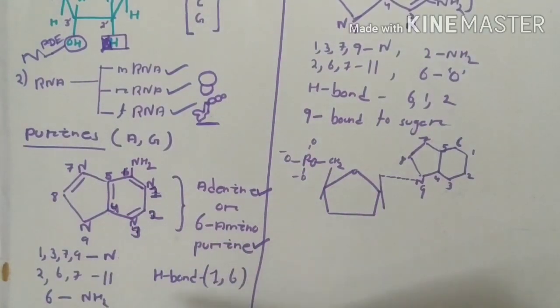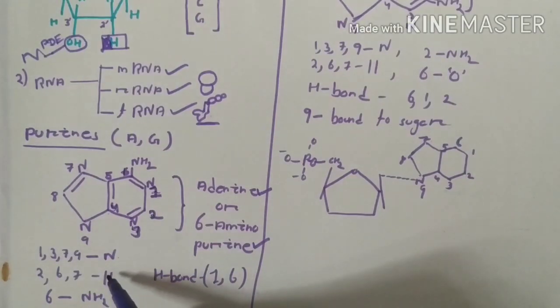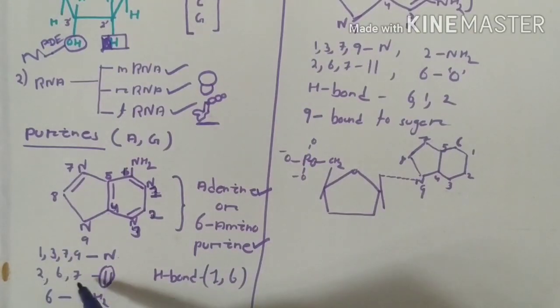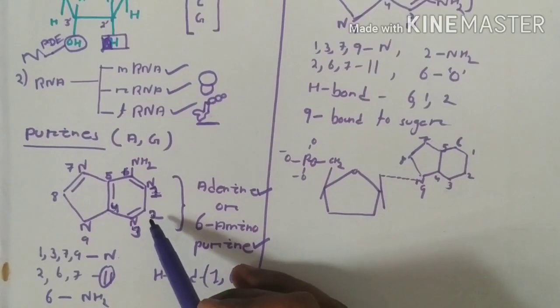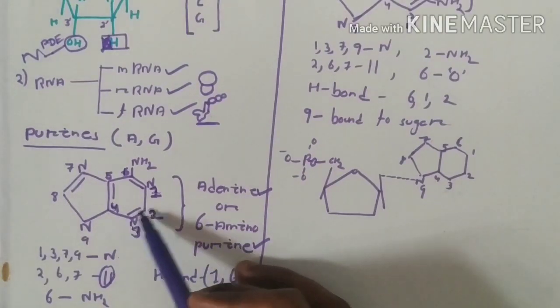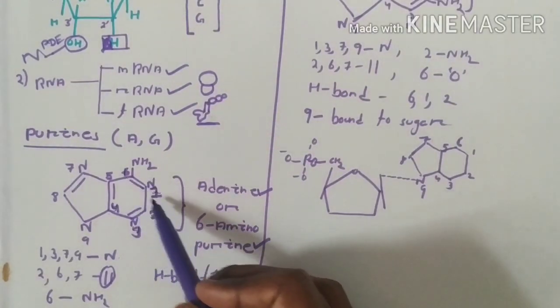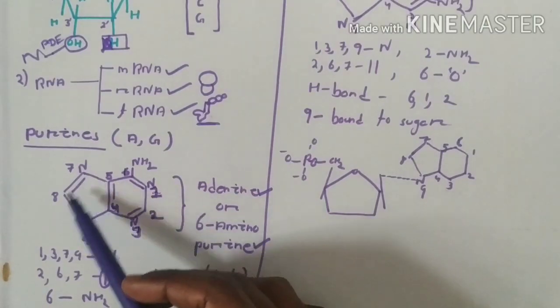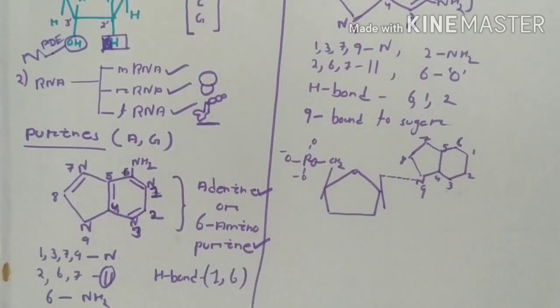The 2, 6, 7 positions contain double bonds. For the shortcut, I have used this: the 2, 6, 7, that is the beginning of 2, contains a double bond. 6 here has a double bond, and 7 contains a double bond.